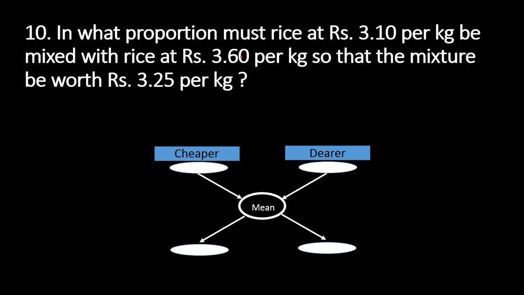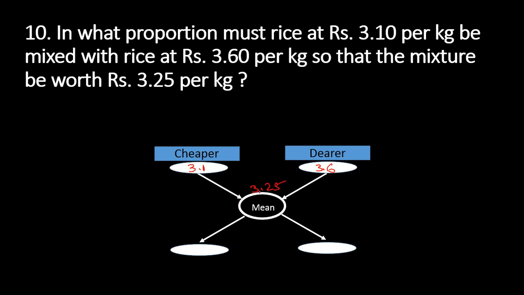In what proportion must rice at 3 rupee 10 per kg be mixed with rice at 3 rupee 60 per kg so that the mixture be worth 3 rupee 25 paise? So what is the cheaper price given? 3.1. What is the dearer price? 3.6. What is the required price? 3.25.